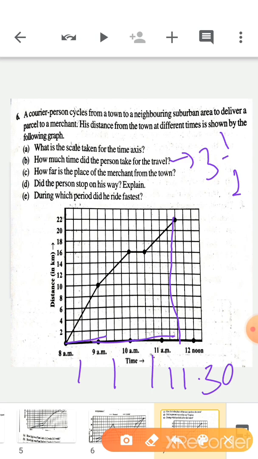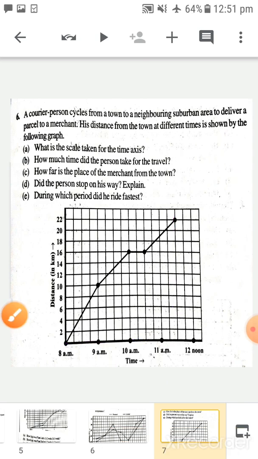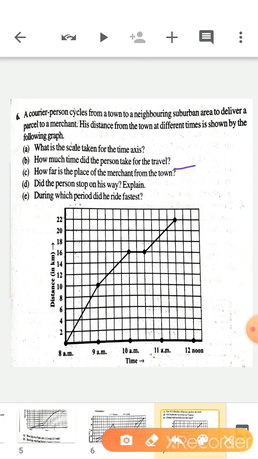Okay, now how far is the place of the merchant from the town? 22 kilometers. So he has to travel 22 kilometers; he is 22 kilometers far away. Did the person stop on his way?